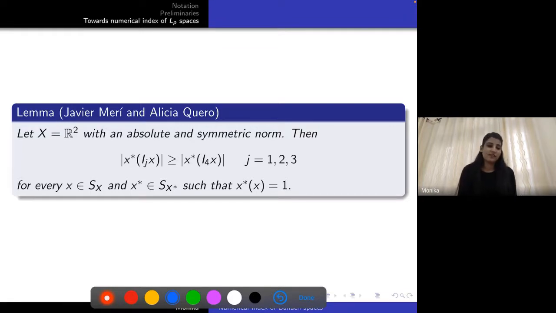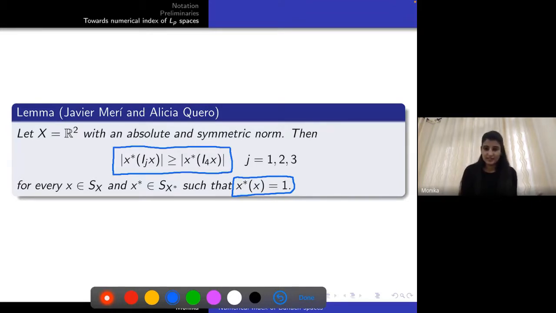Just to recall, when we are working with the numerical range and numerical radius, we are interested in the vectors which are norm-1 vectors and satisfy x*(x) equals 1. So they proved that for x*(I_j x), the lower bound is x*(I4 x). And this is the reason why M_p is coming again and again. The M_p is associated with this I4 matrix. It was the numerical radius of this I4 matrix.